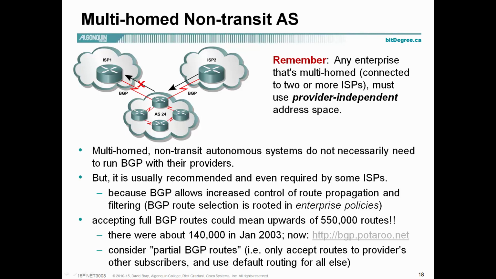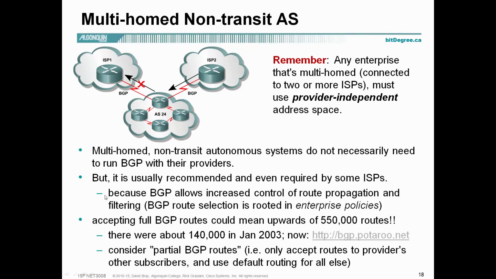So, still talking about multi-home non-transit AS there. Now remember, and I put this up here on the right, any enterprise that's multi-home, that's connected to 2 or more ISPs, must use provider independent IP address space, right? But if you're multi-home and non-transit, then you don't necessarily need to run BGP.